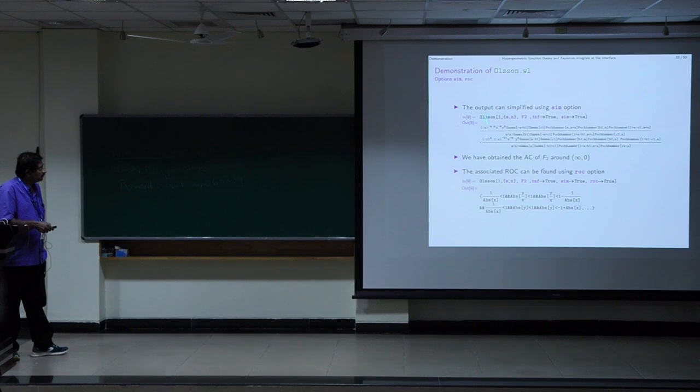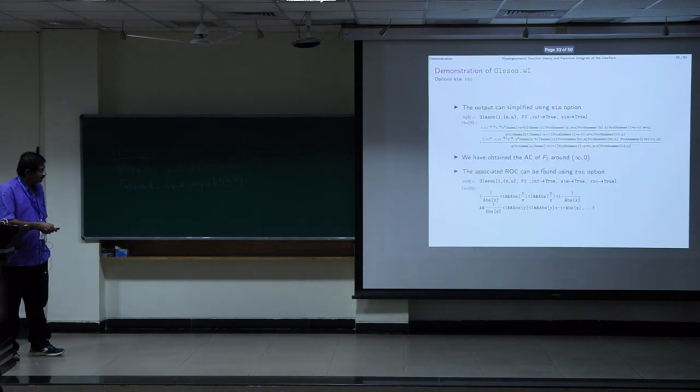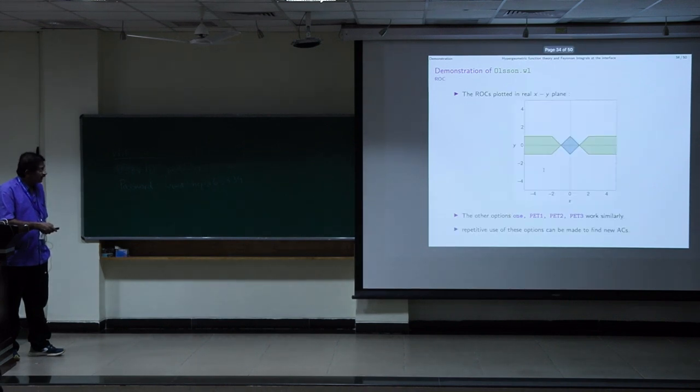So here's a demonstration of Olsson, this is what you have to do. Sorry that there's so little time to describe all this. So here is an example where you start out with this diamond over here, and then you use what was given in the previous slide, the various commands, and find this orange region where you have an explicit expression now for the analytic continuation and the region of convergence.